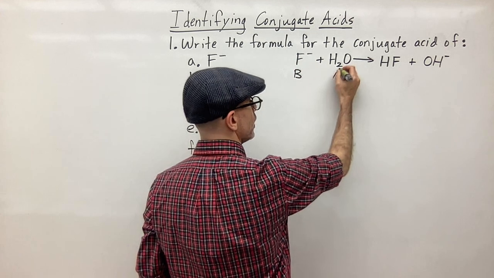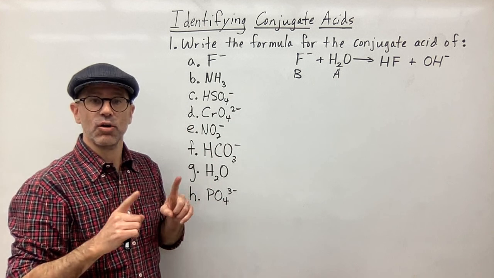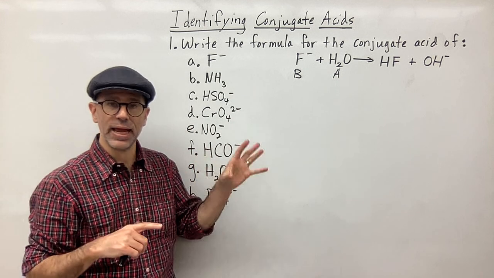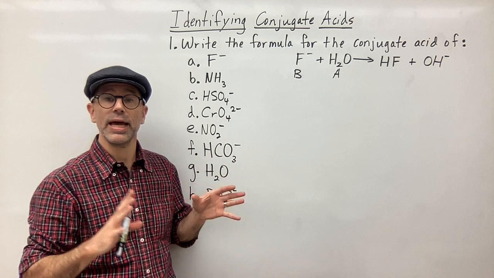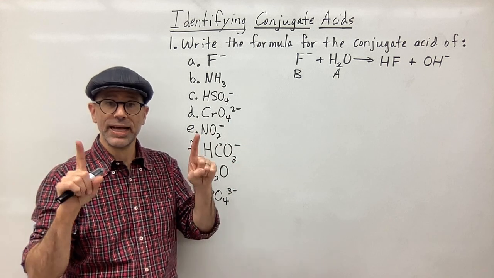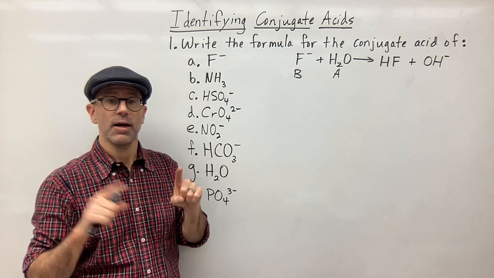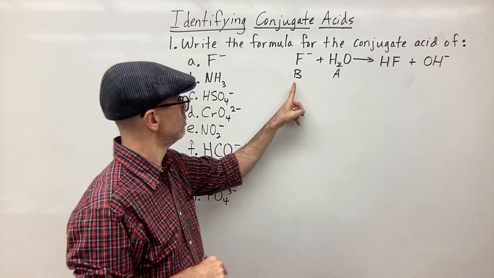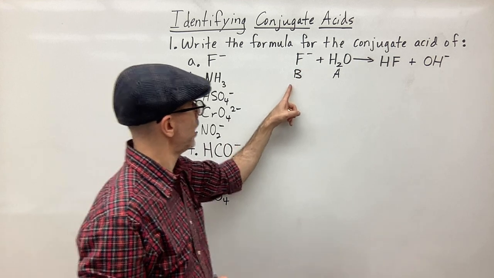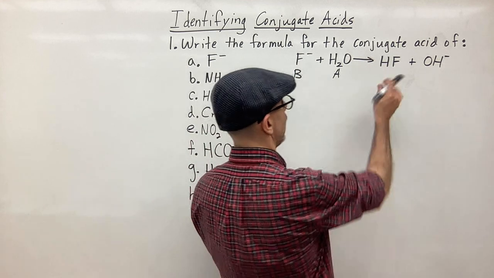Your water here is the acid. Now, the relationship between your base or acid and its conjugate is that they are related by the exchange of one proton, right? So here you have the base, the fluoride ion, but if you add a hydrogen to this, you get HF.